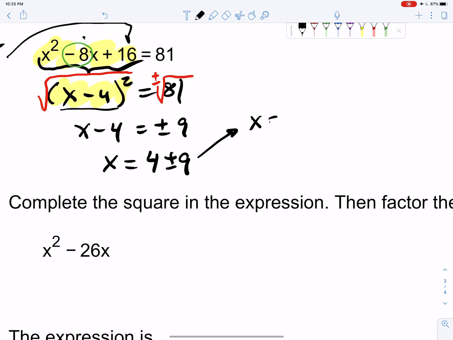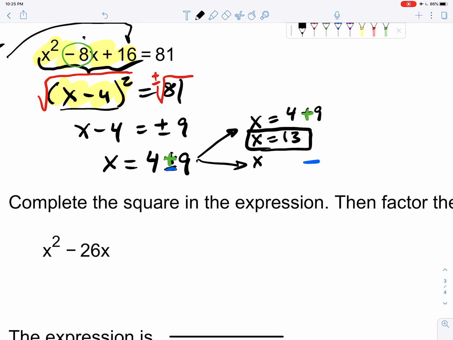So you're going to have x equals, let's first take the plus symbol. So x equals 4 plus 9, which means x equals 13. And the other symbol is the minus sign.